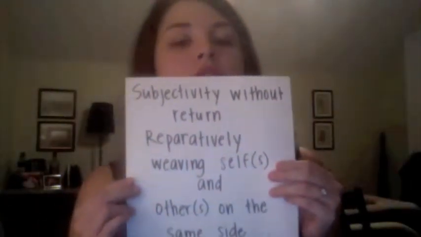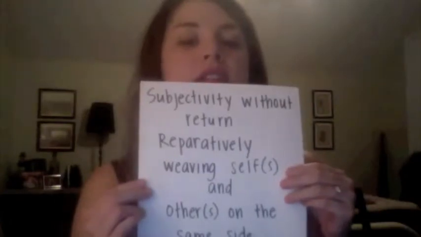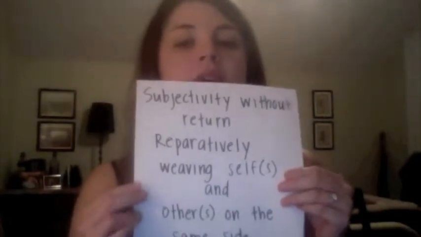Subjectivity without return, reparatively weaving selves and others on the same side. And still, to this day, I can't grasp its meaning, and I couldn't tell you what the paper was about. Because I've never studied his sources or sat in on one of his classes, and the concept is so foreign to my interest of studies, it does not exist in my schema, even though he's told me quite a few times.